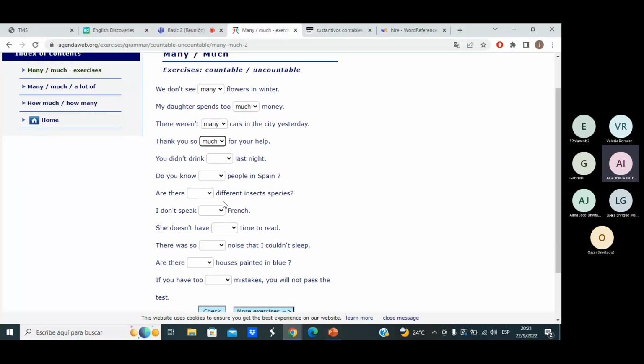Just hurry up because we only have 10 minutes. Me, teacher. Much. Okay. Enrique, first, you can read the sentence and you can say what quantifier is missing here. You didn't drink much last night. You didn't drink much last night, okay?